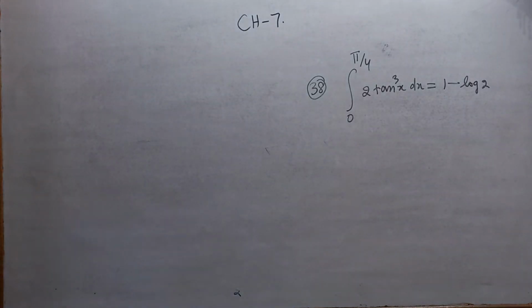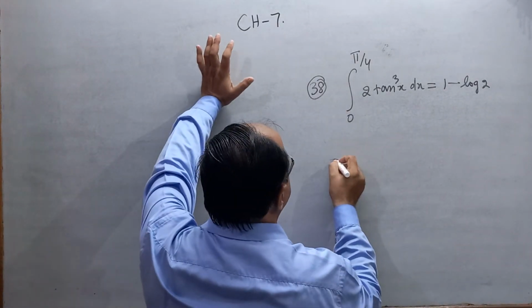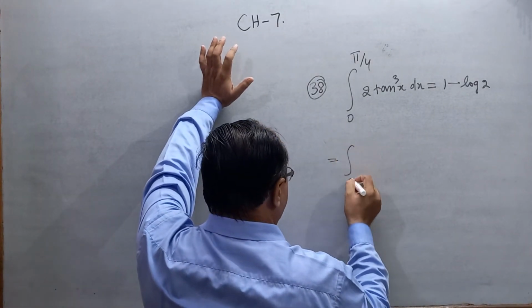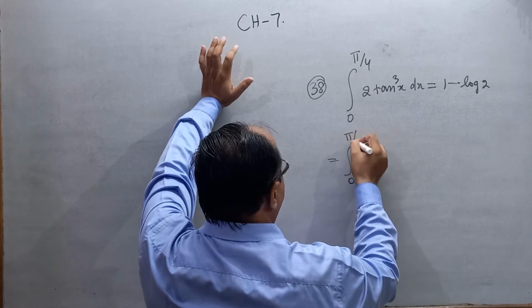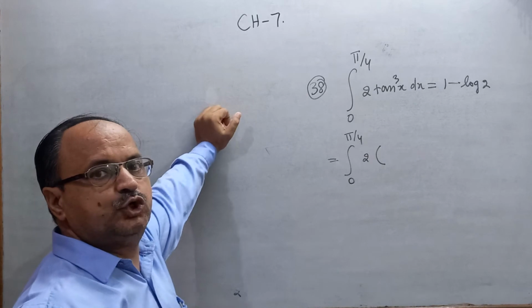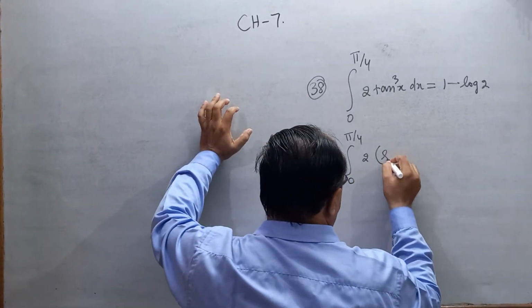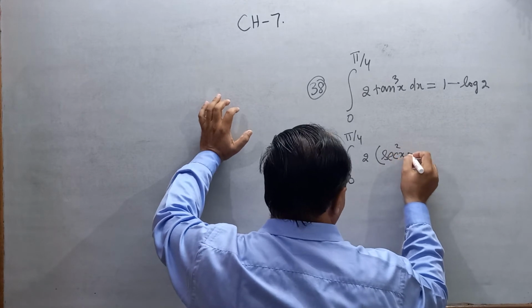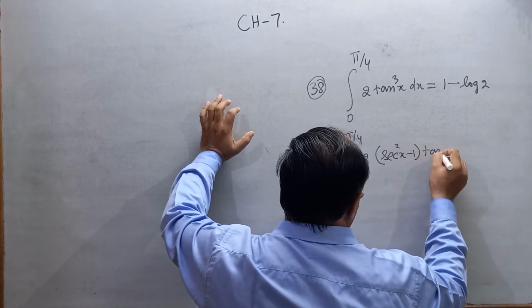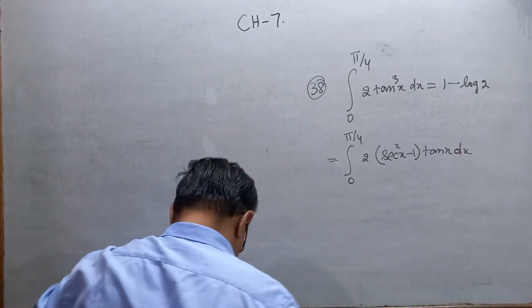Clear? Tan cube you can break, you can write like this: integration from 0 to pi by 4 of tan square x into tan x. In place of tan square x you can write sec square x minus 1. Clear?